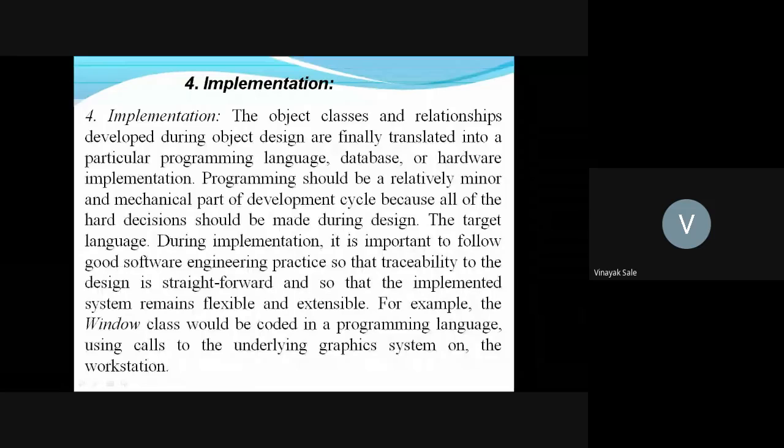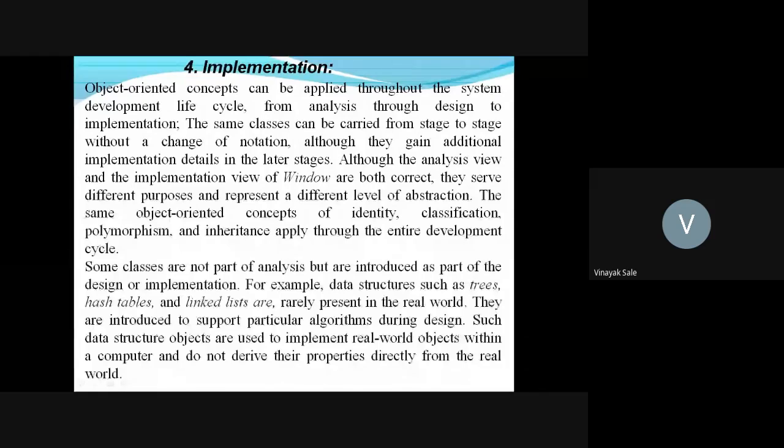In the target language during implementation, it is important to follow good software engineering practice so that traceability to the design is straightforward, and so that the implemented system design is flexible and extensible. This is the implementation.